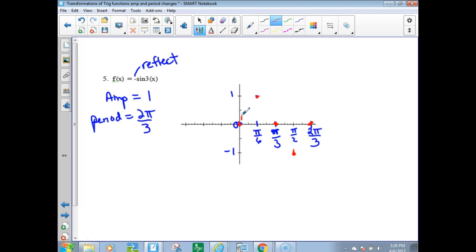So if you did this, this would be like your ghost graph. So I have to go down and then up. Oh, you caught me before I did it wrong. So if you graph one wave, this is what has happened to it. It got reflected. Perfect.